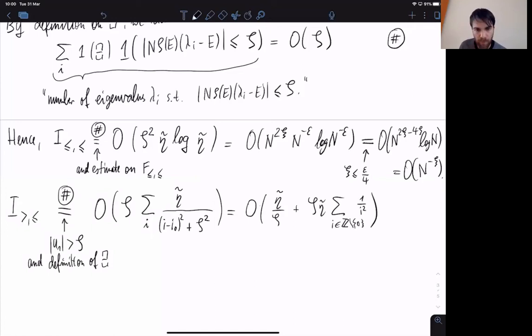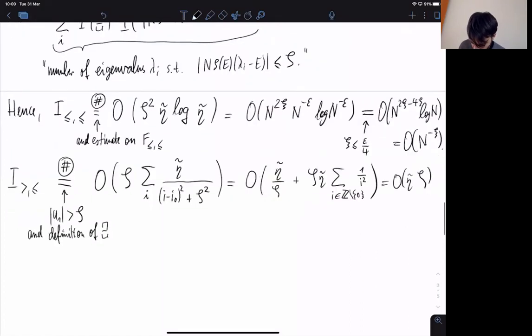That's a finite sum. So this is of order eta tilde times zeta. If something is not readable, please interrupt me. And if you check it, this is also of order n to the minus xi.